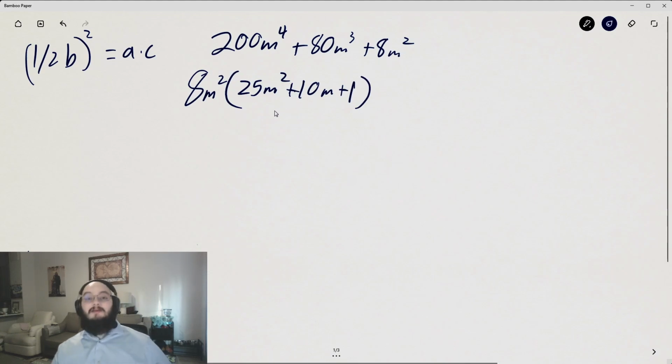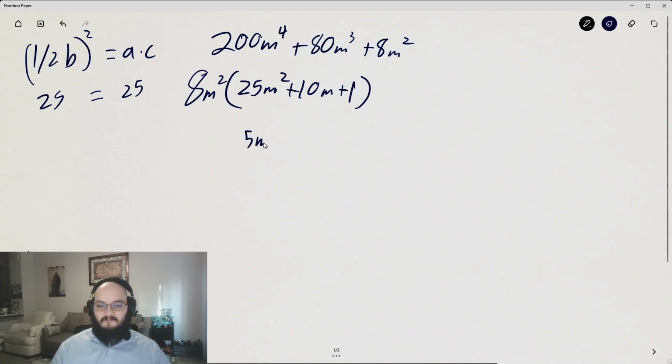Now, let's check and see if this quadratic inside is a perfect square trinomial. Half of 10 is 5, squared is 25. Then for a times c, we have 25 times 1, which is also 25. They are equal to each other. This is a perfect square trinomial. So let's factor it out like a perfect square. Square root of 25m squared is 5m.